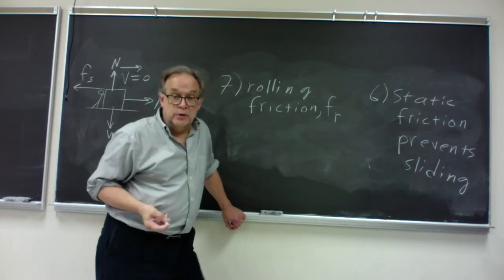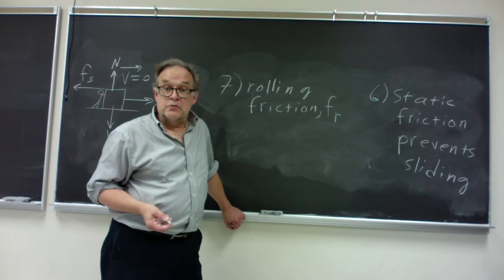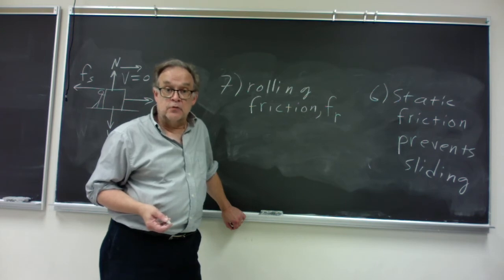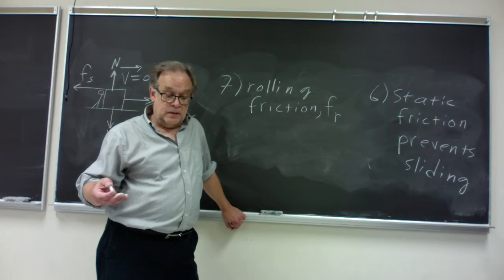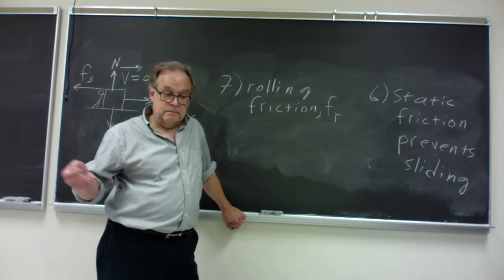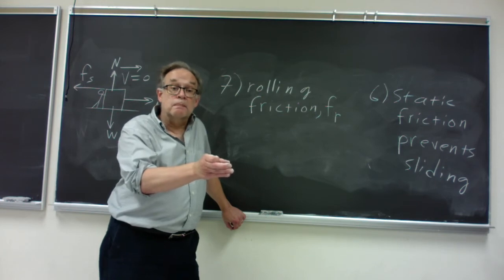My algebraic symbol there is F subscript R, lowercase f for friction, subscript R for rolling friction. Imagine a ball rolling across the table.